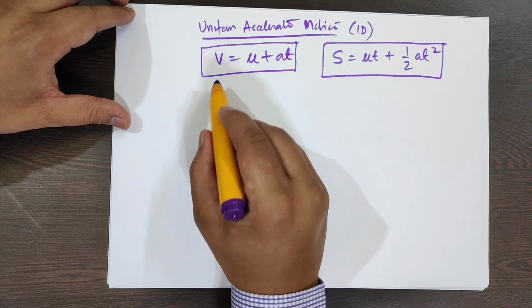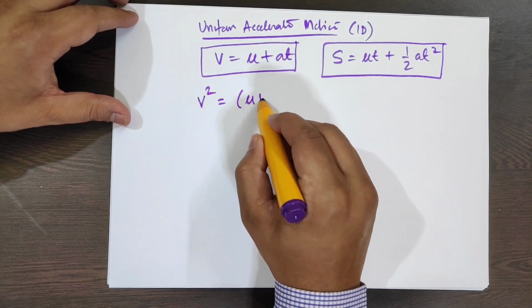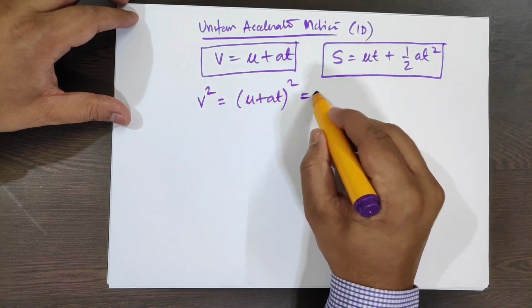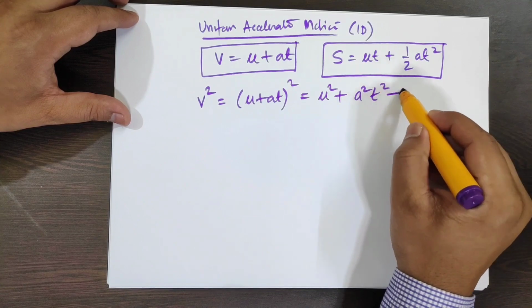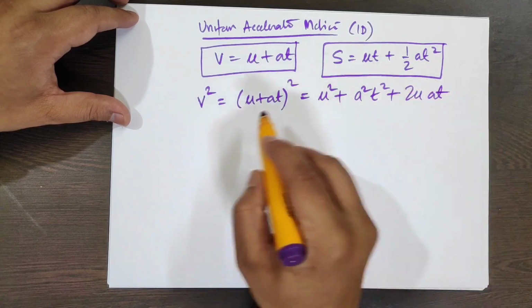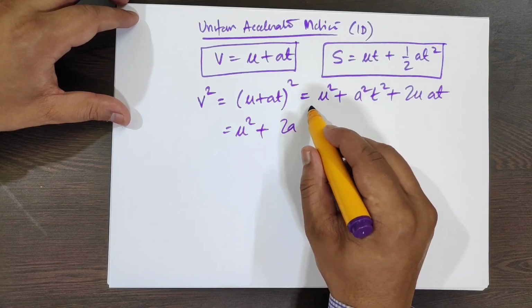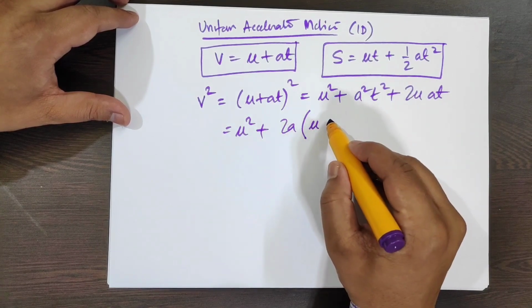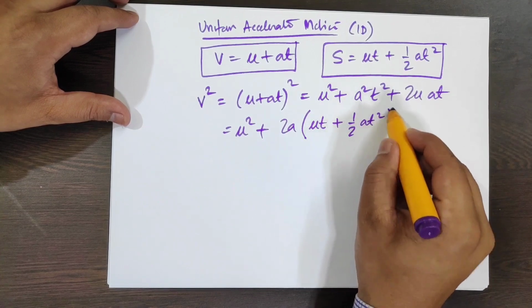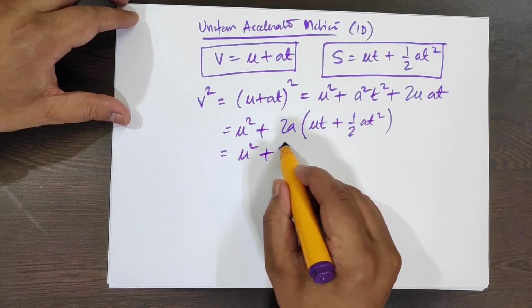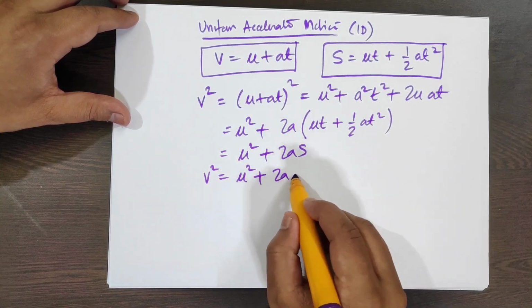If you square both sides, v square equals u plus at whole square. So let's see, u square plus a square t square plus 2uat. So you can write 2a common, then you get ut plus half a t square. So that is u square plus 2as.